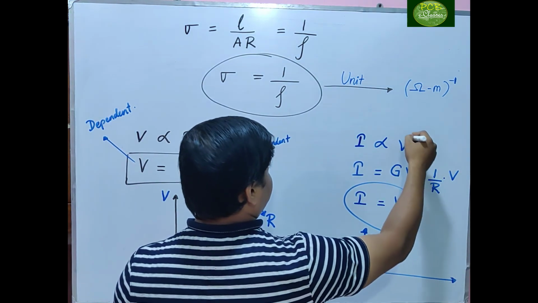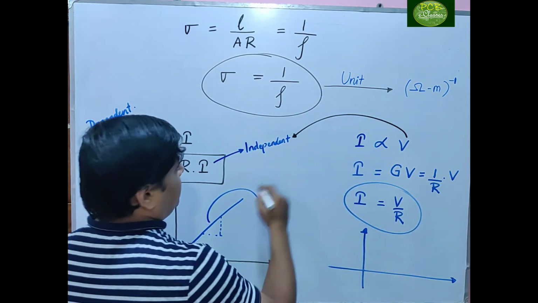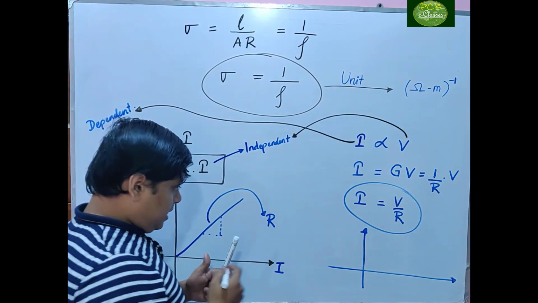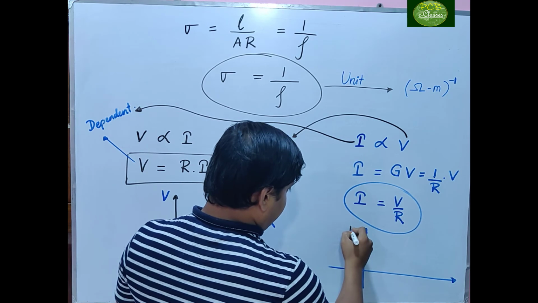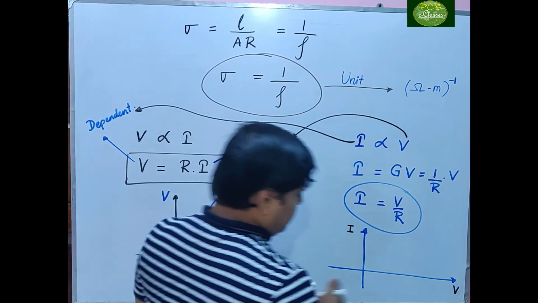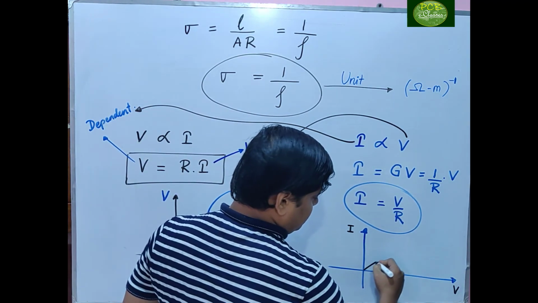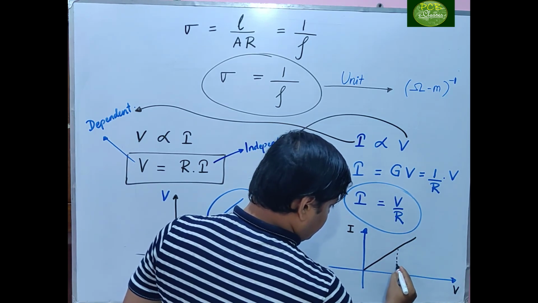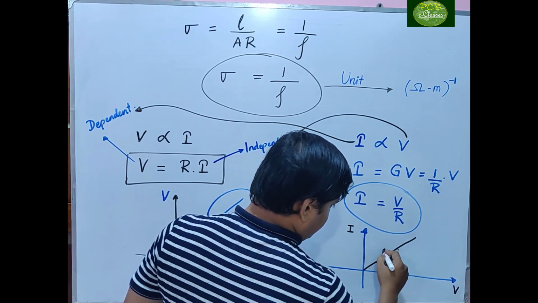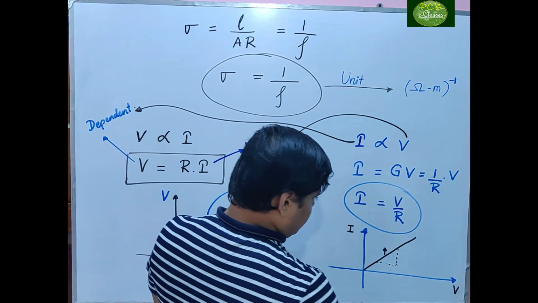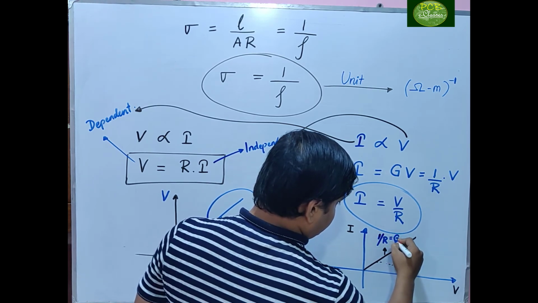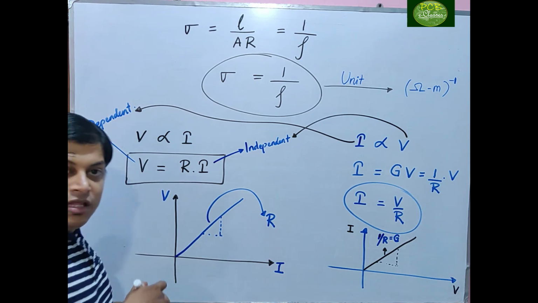Independent is V. Dependent is I. So here I will take I depending on V. This slope will be taken as 1 by R, that is equal to G. This is the major difference between the two relations.